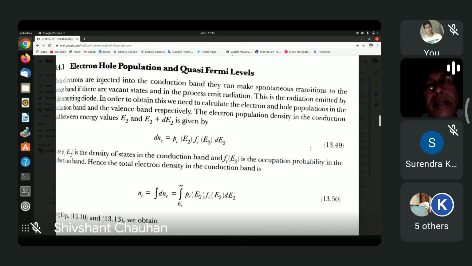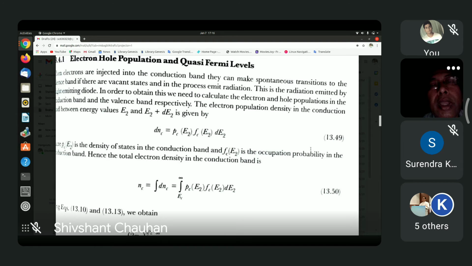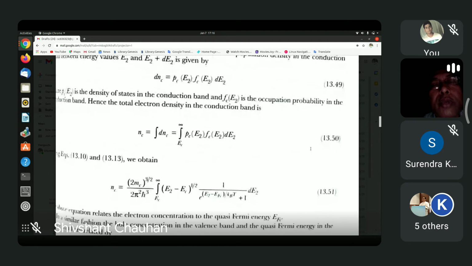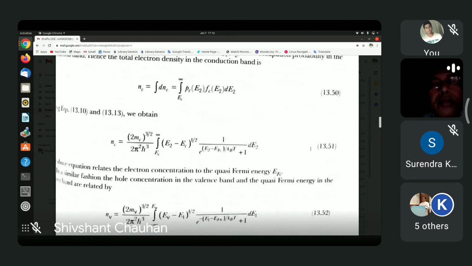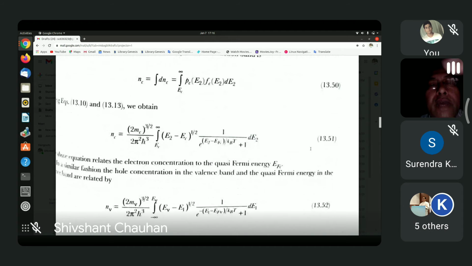13.50, and then you have another equation for NV. Just scroll down. 13.50 tells you how to calculate the concentration of conduction band electrons, and then you have a similar equation for NV, the concentration of holes in the valence band, because electrons have to drop into the valence band, and if the valence band has vacancies, then only such a transition can take place.